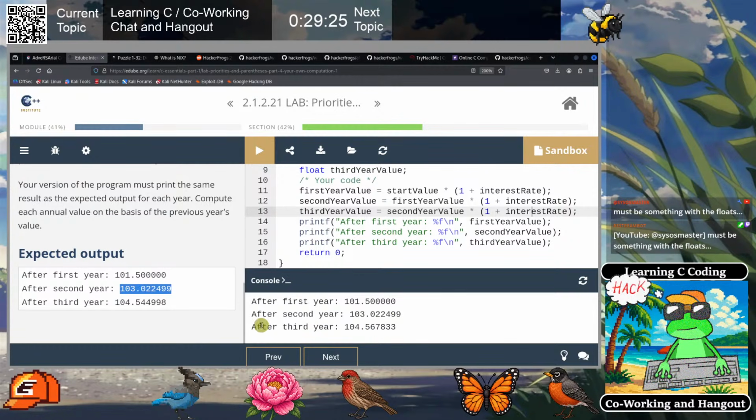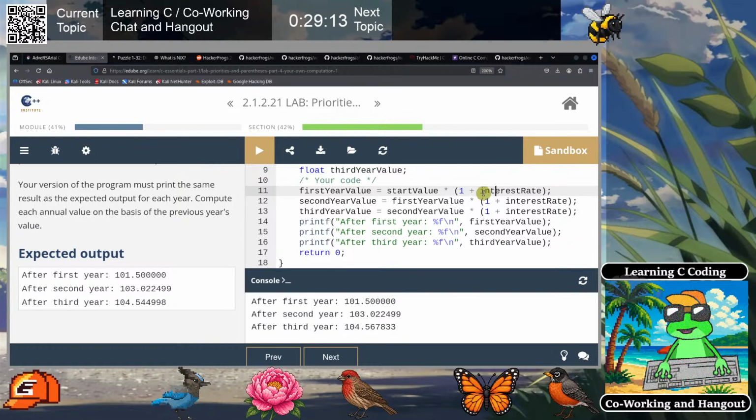So we got the same second year value, and we're doing the same thing, we just add 1 plus interest rate as our multiple. Yeah, what's wrong with the decimal numbers?